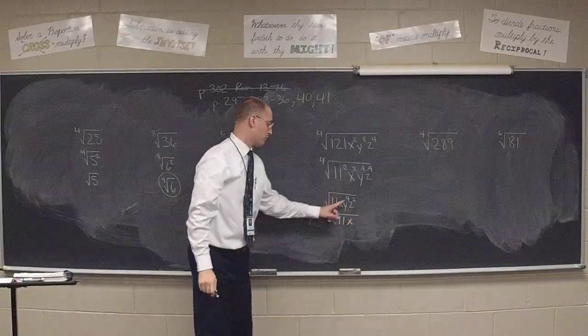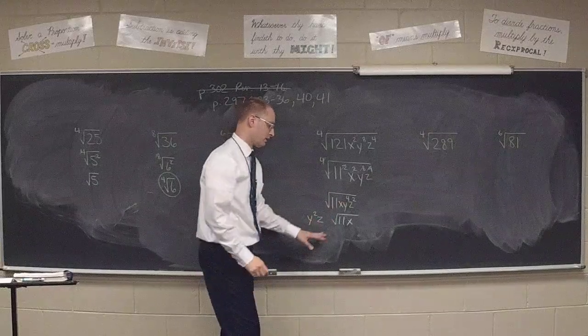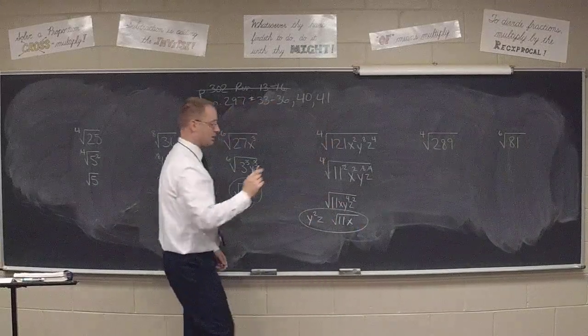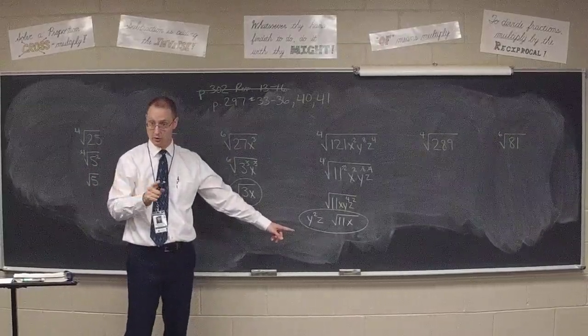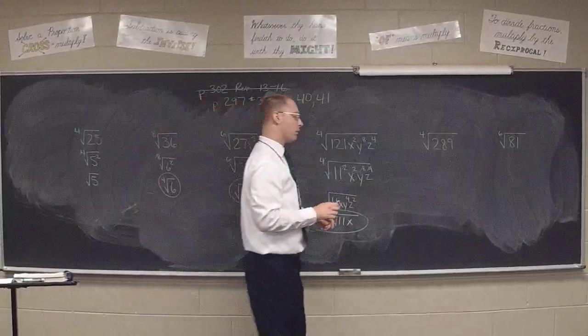Finally, remember that 2 goes into 4 twice evenly, 2 goes into 2 once evenly, leaving us with the square root of the 11x. Did we get this answer on number 36? Did we finish it out? Good.